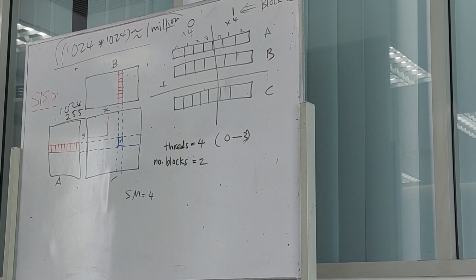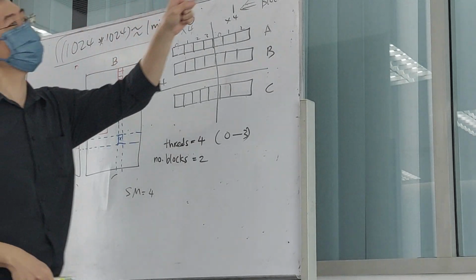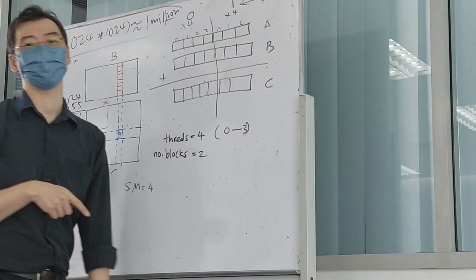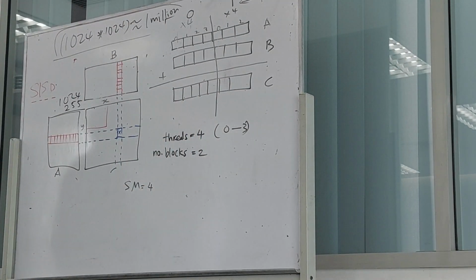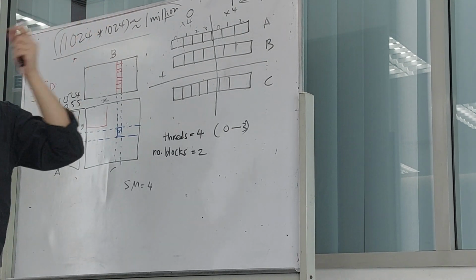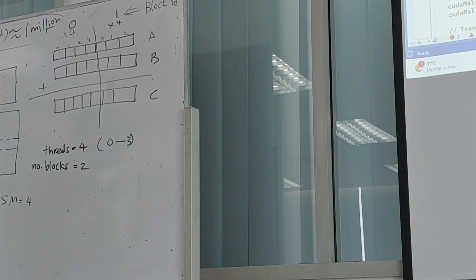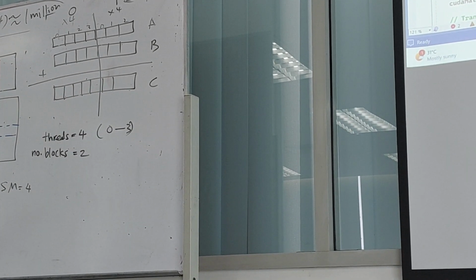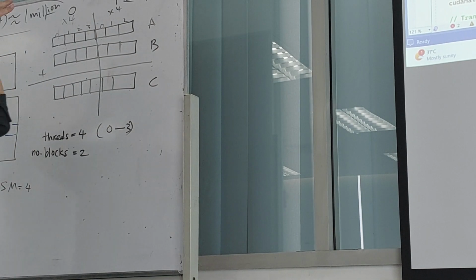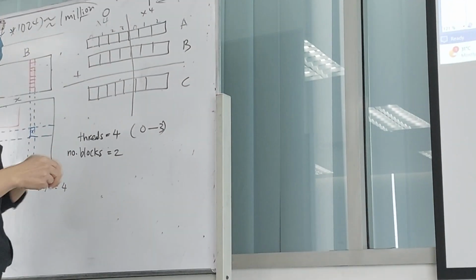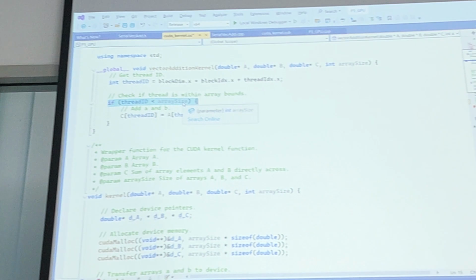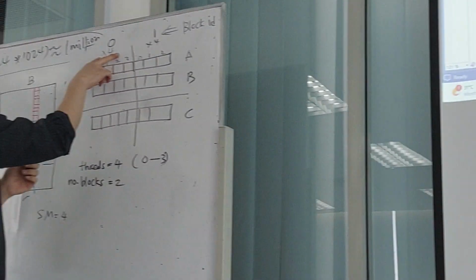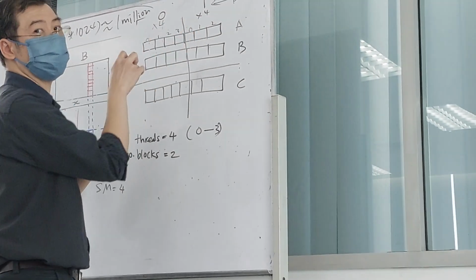Understand? So the thread ID is actually the index number of this problem that you're trying to solve. Although the name is thread ID, actually you cannot imagine it's a thread ID. It's actually the index number of this vector. Okay? And whenever the thread is executing, it has its own thread ID number. Right? And then the block that is executed is also given as well.